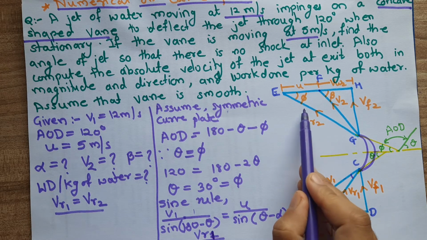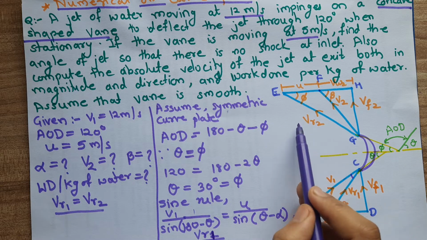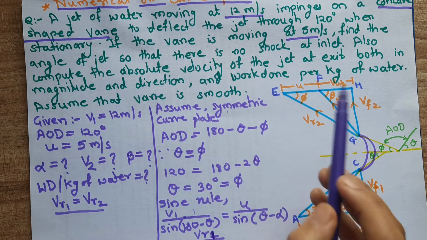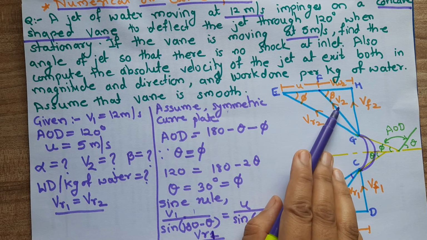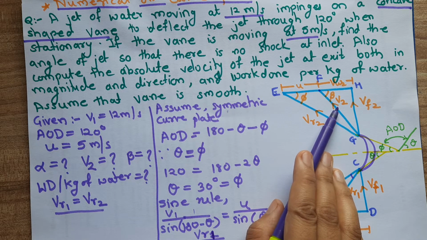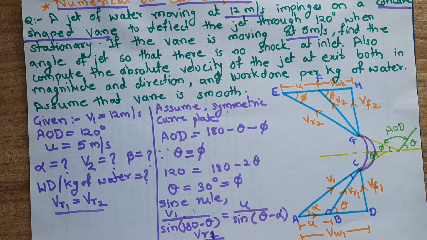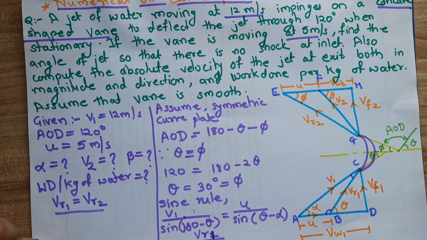Now we have got the third parameter of this triangle, that is VR2. So now U is known to us, phi is known to us, as well as VR2. Now we can find V2 by using the sine rule or by using simple trigonometry also. Let's draw the outlet velocity triangle once again and solve it.